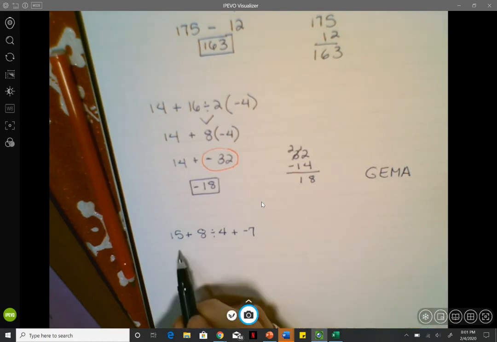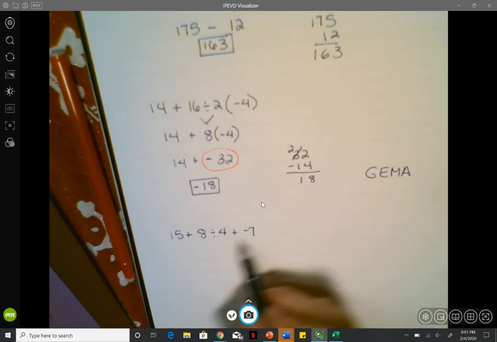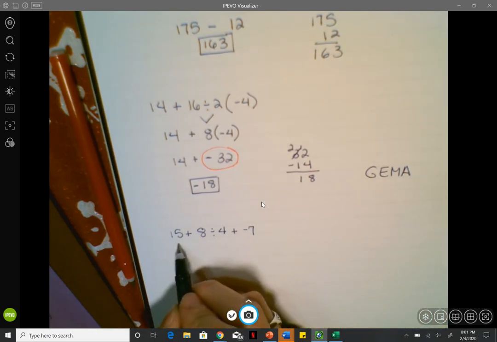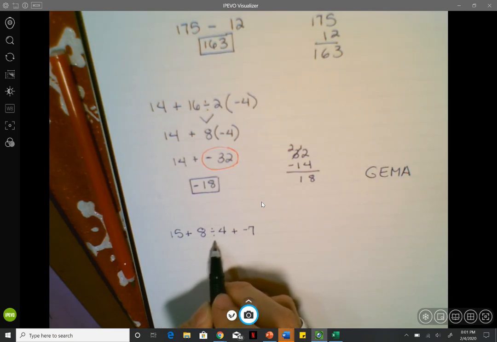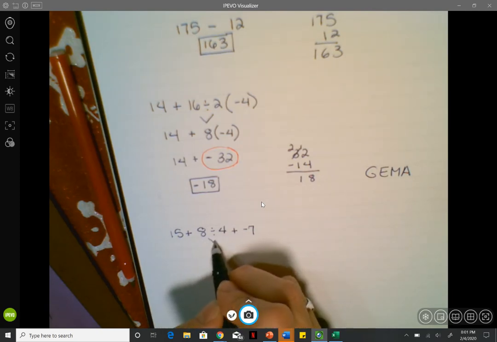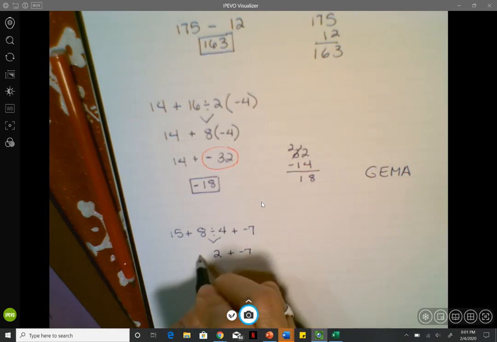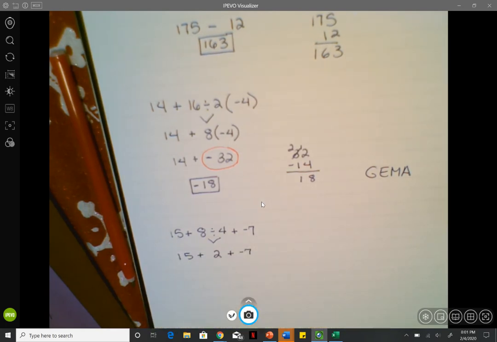I look for grouping. There's no grouping symbols. I look for exponents. I don't see any exponents. And now M stands for multiplication or division from left to right. So 15 plus 8 divided by 4. I just said division. So 8 divided by 4 is 2. And then I'm going to rewrite everything else that was not worked on.